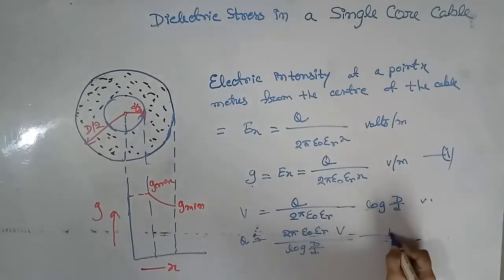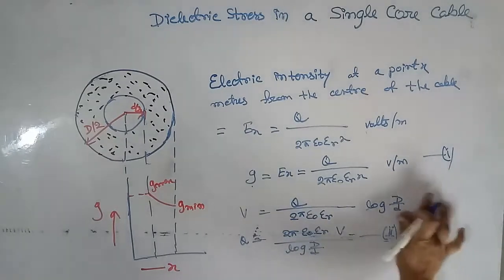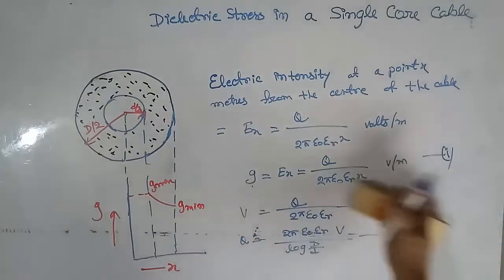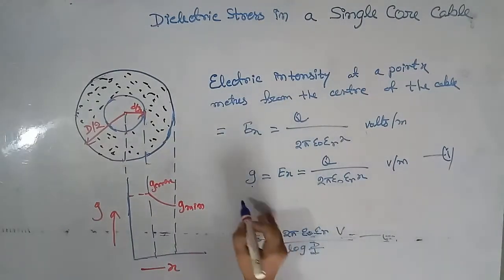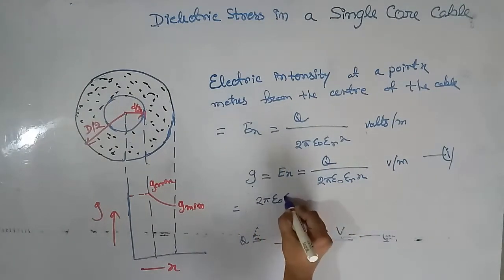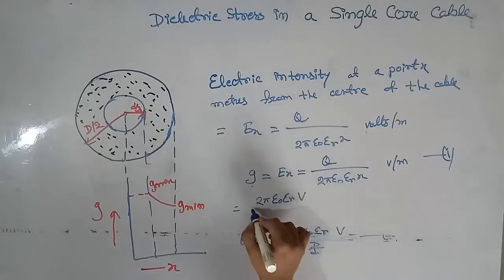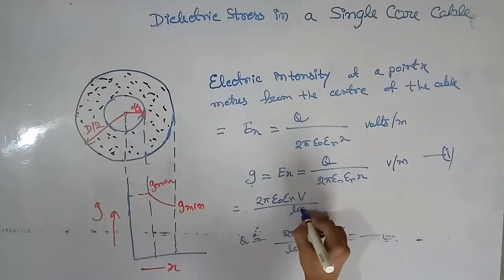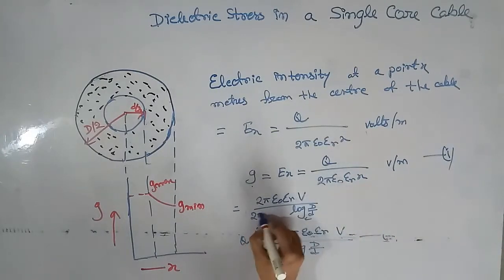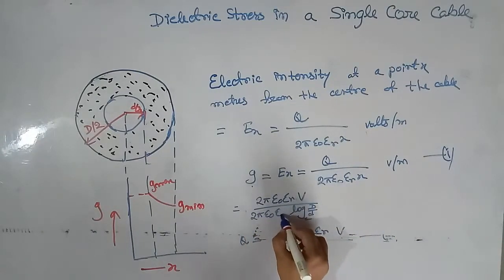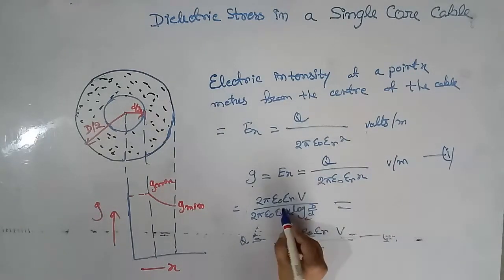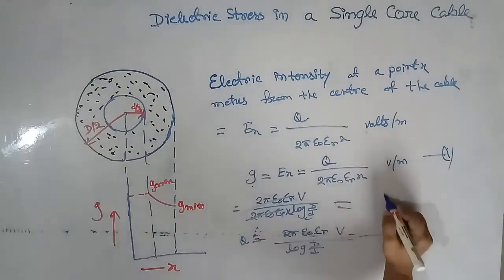This is our expression 2. Now substituting the value of Q in expression 1, we get, putting the value of Q, now this term is cancelled out.